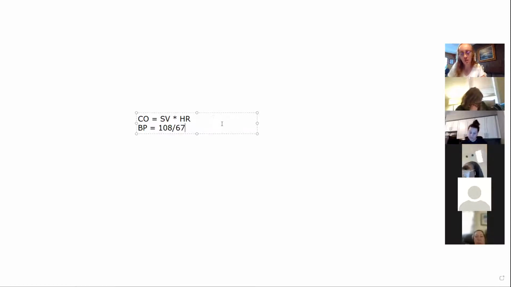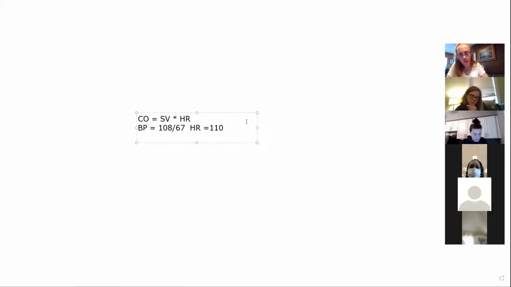Their heart rate equals 110. Cardiac output normally is about 5 liters of blood per minute, right? On average at rest.